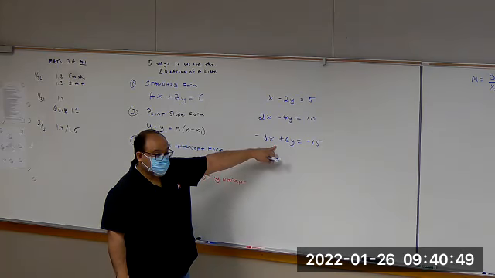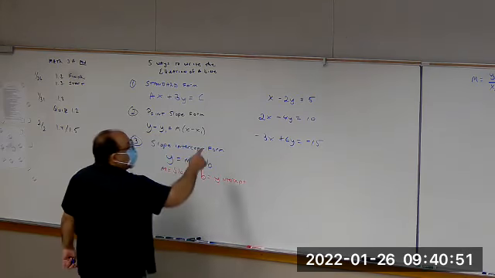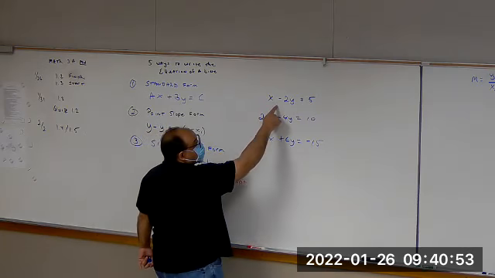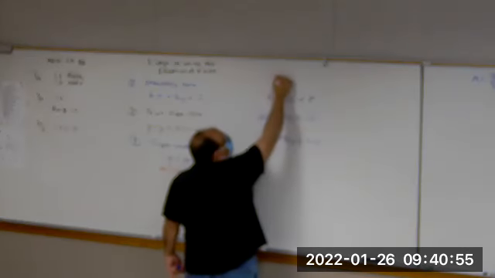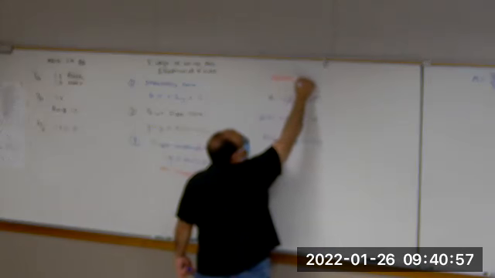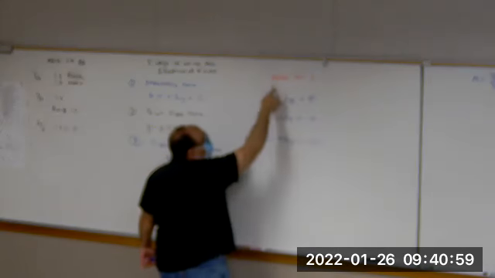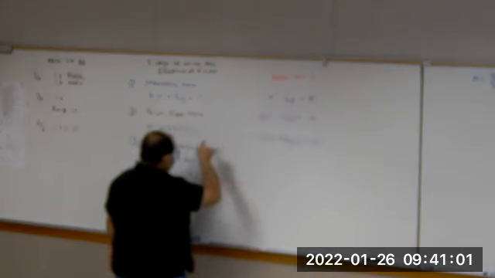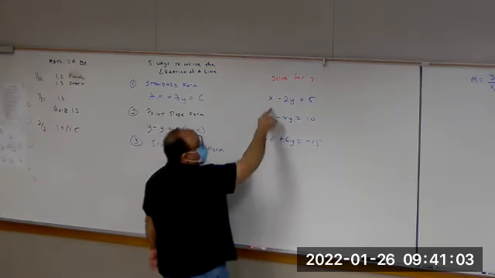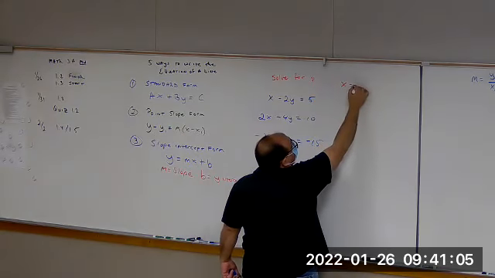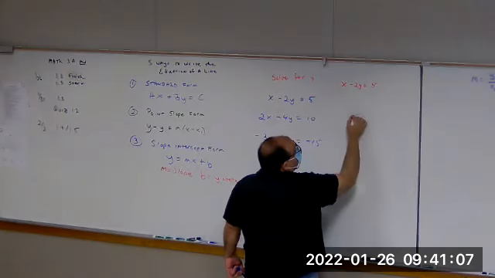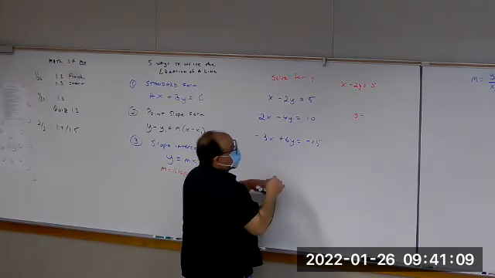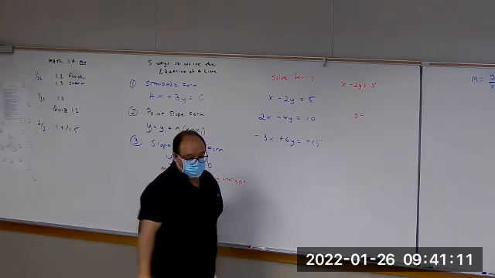Or if you have this, you solve for y. You change this standard form into slope intercept form by getting y by itself. So if I got y by itself, just to make sure I'm on camera.